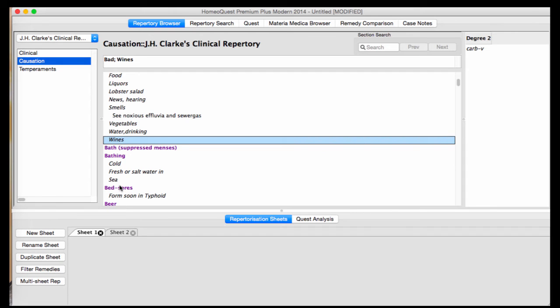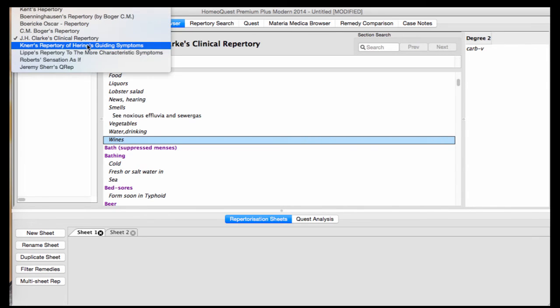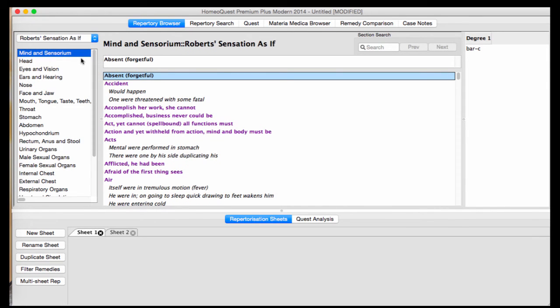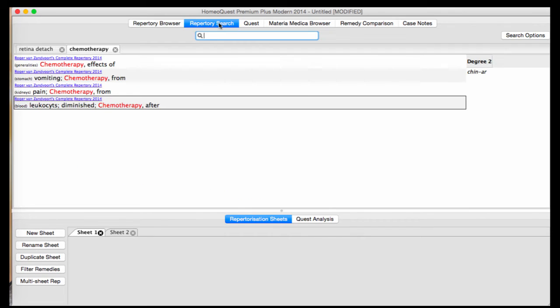Now, cases with peculiar keynotes and weird sensations, and this is where I found Roberts' Sensation as Such a beautiful book, with so many weird sensations. I remember there was this one case, and I'll never forget it, because that was the rubric I only found in one repertory, Roberts' Sensation As If.